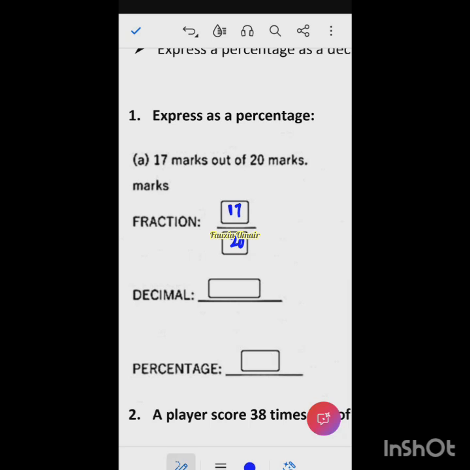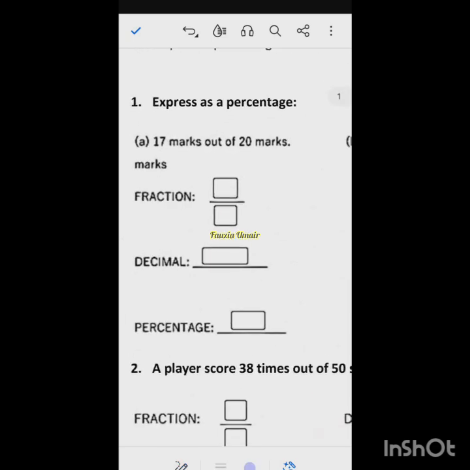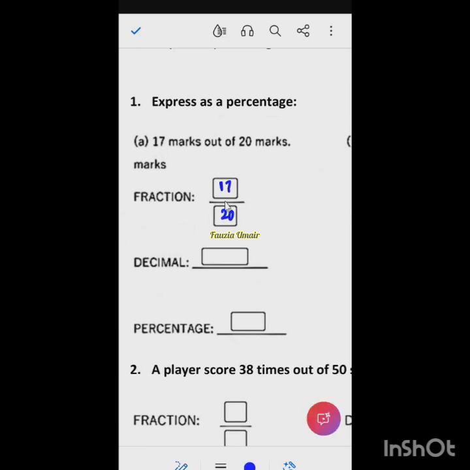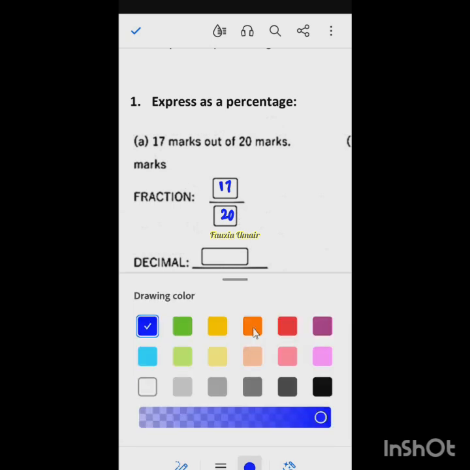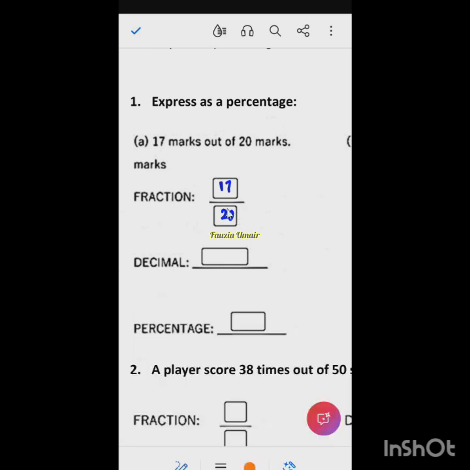Ma'am, how will we convert it? We will divide it. All right. We will divide it, or there is another way of converting fraction into decimal, which is that we can make the denominator 10, 100 or 1000. So if there is a number in the denominator which can turn into 100, 10 or 1000, we will multiply it, right?